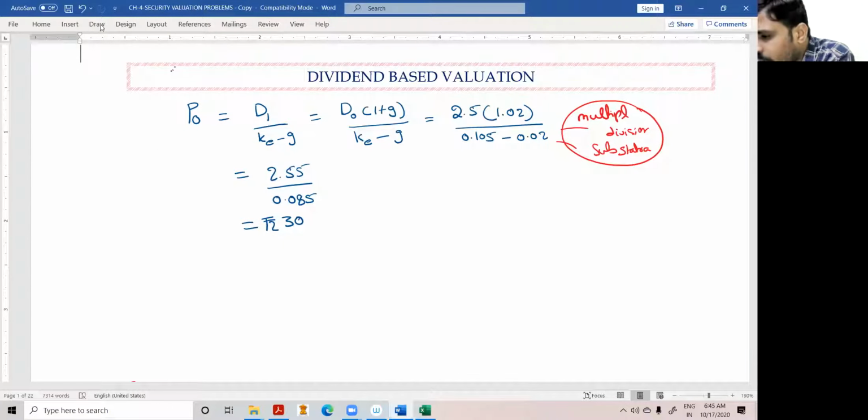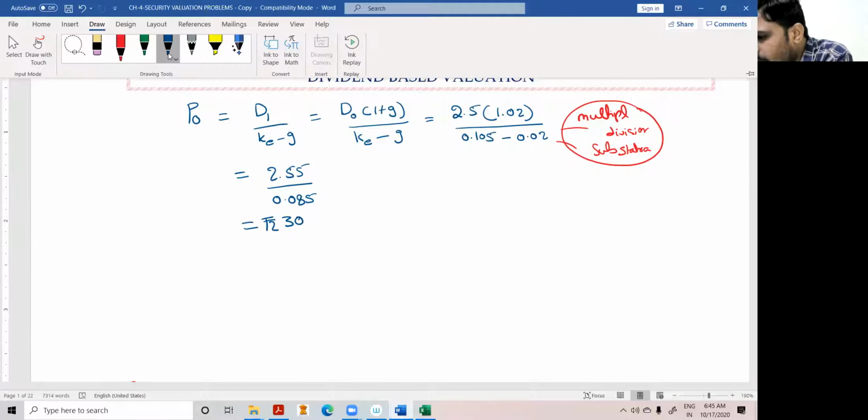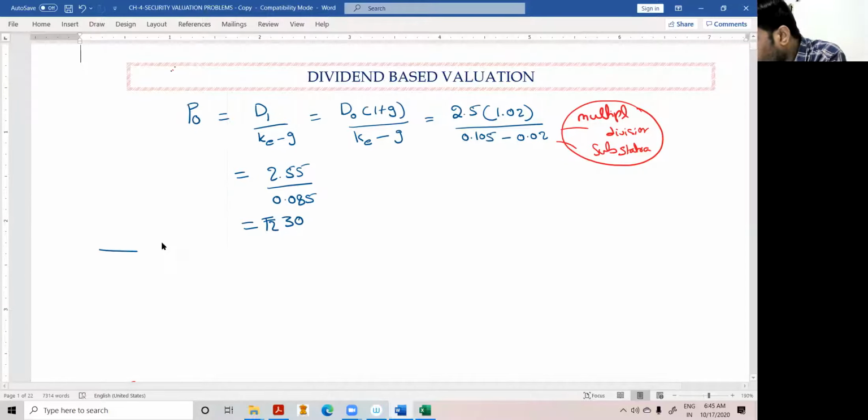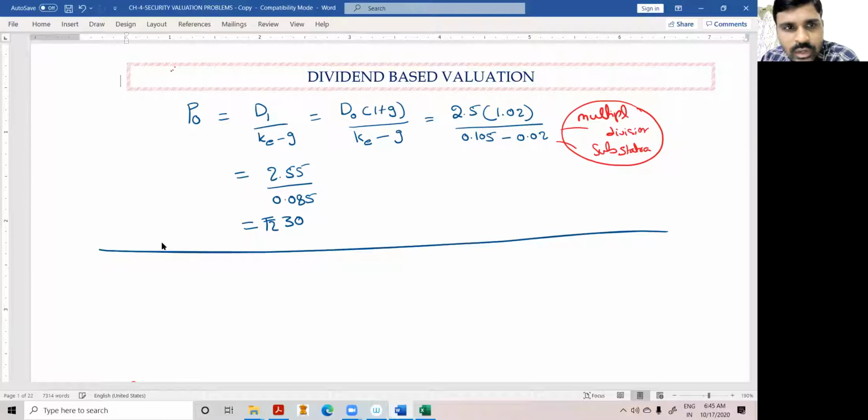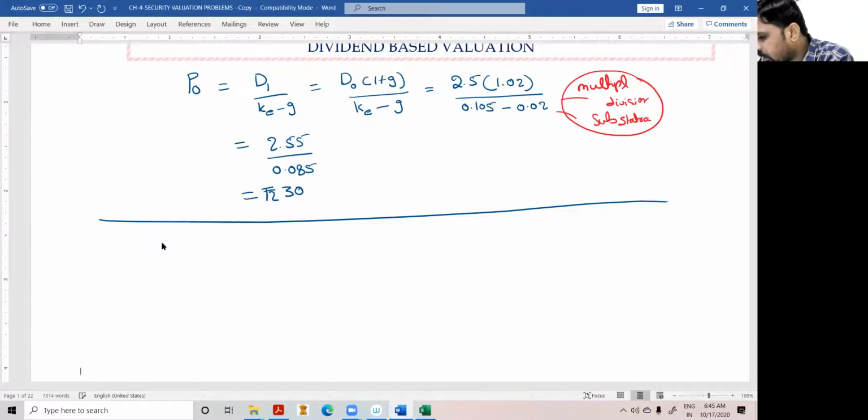So what does that 30 say? How do we interpret this 30? An investor wants 10.5% return. 10.5% is the required return.